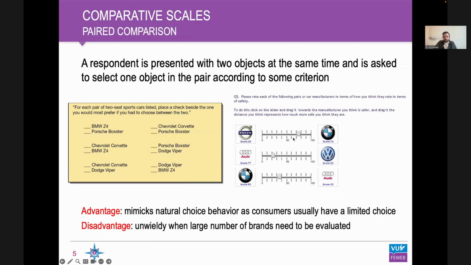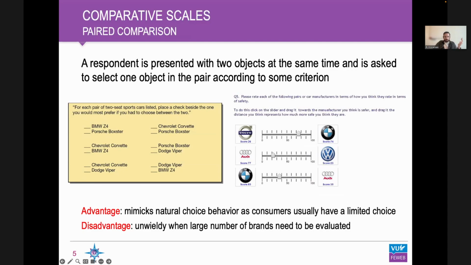Or you can ask it in a different scale, like how much more they prefer it between Volvo and BMW, etc. As I said, it works well when you have a low number of objects that you want to compare, because when the number of options increases, you have to ask all of them separately, which makes a very long survey.